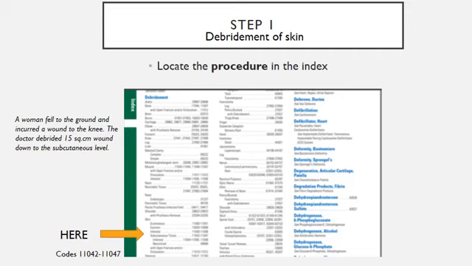But no, this is debridement of the skin. It's an open wound to the knee. It's the skin, and it's a good assumption that you can make. So we're going to skin, and then underneath skin, we're going to the subcutaneous tissue. And it drives us to codes 11042 through 11047.